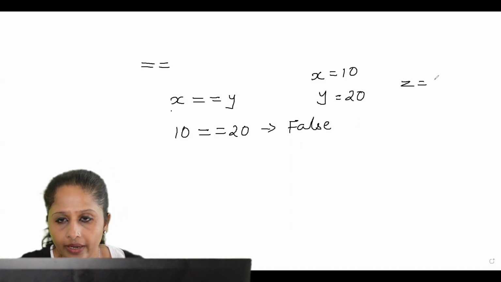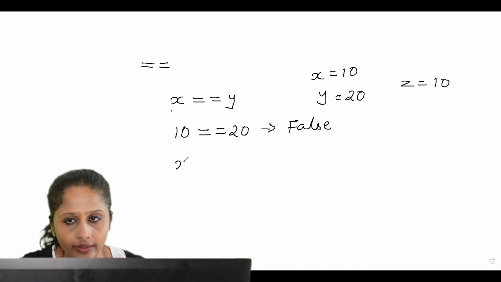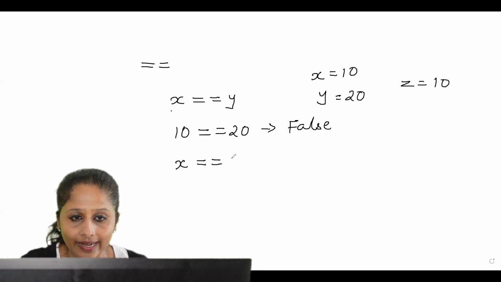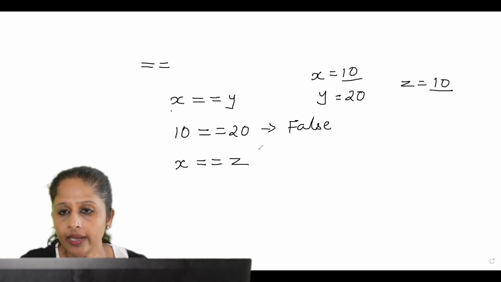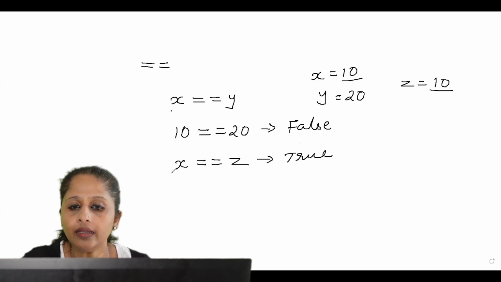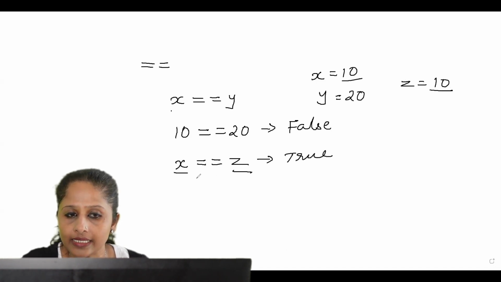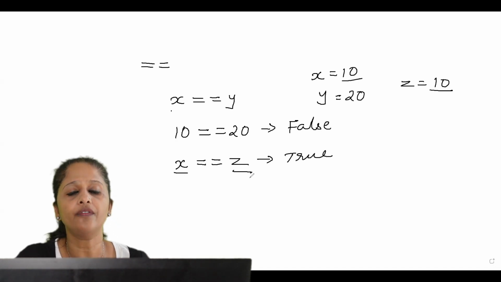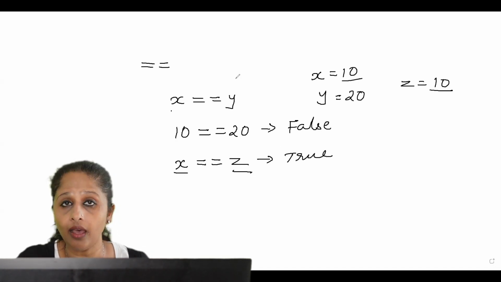Then I am writing z is equal to 10. So again I am checking whether x is equal to z. Here x is equal to 10 and z is equal to 10, so you will get a true answer because the values of x and z are equal.